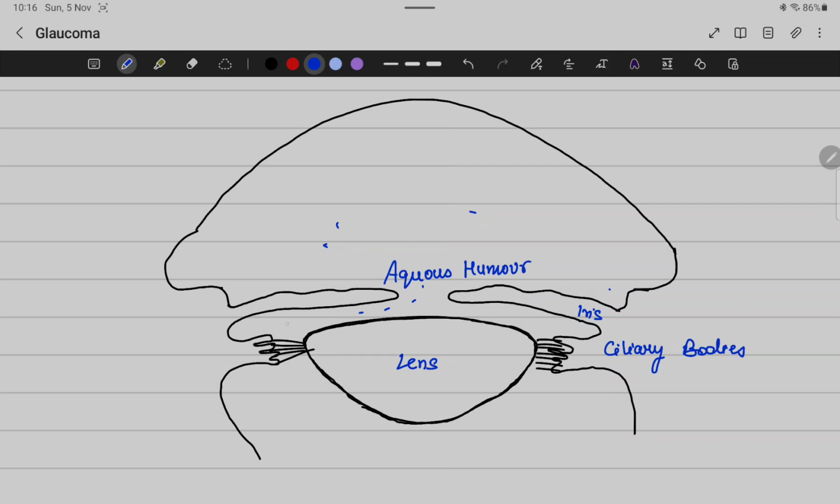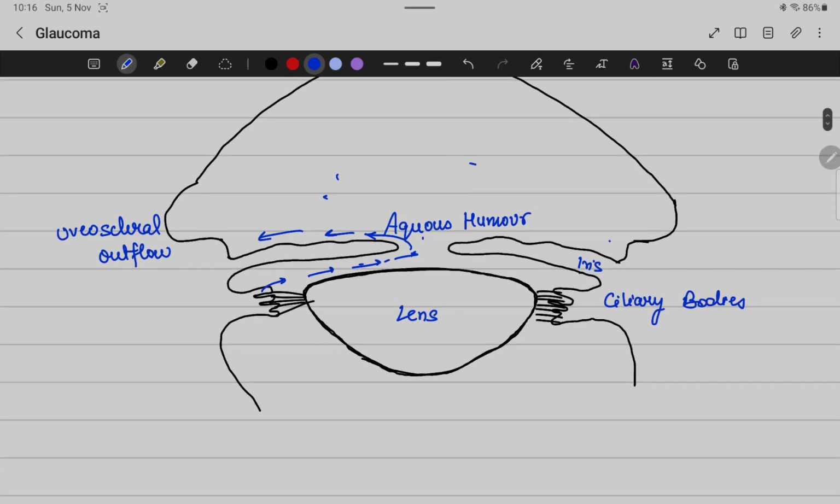As I told you, it is formed by these ciliary bodies, then it moves up here, then here, and it finally gets drained via your uveoscleral outflow. All those, your canal of Schlemm and everything, drain this aqueous humor.